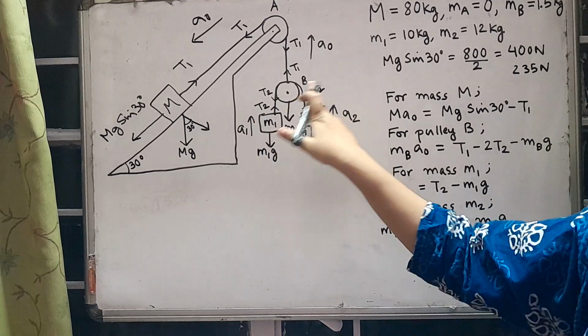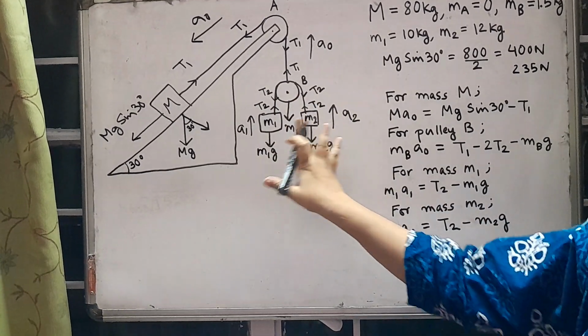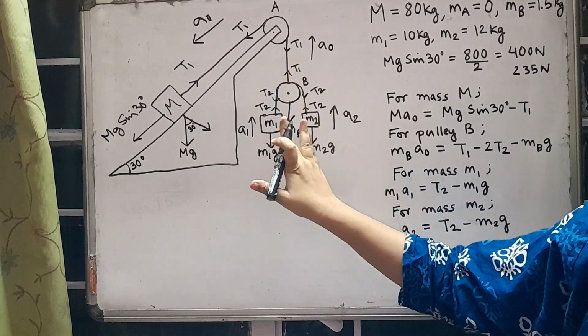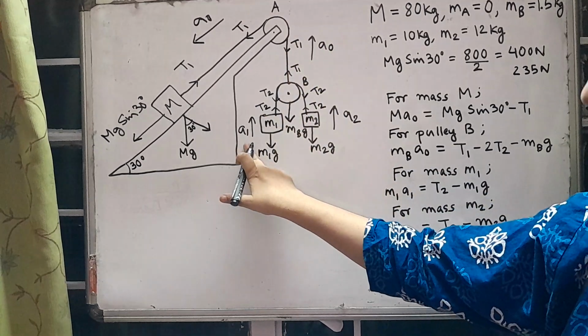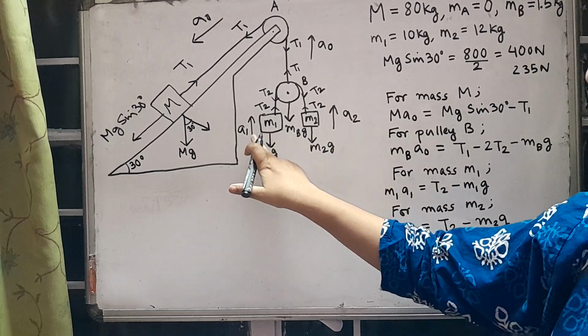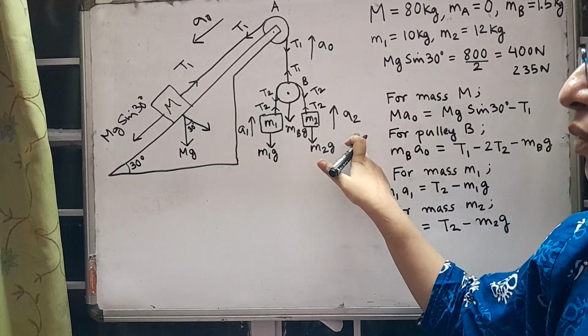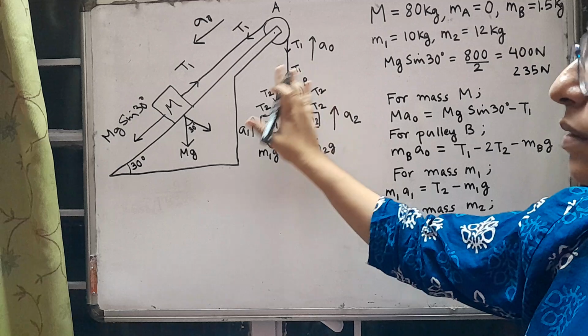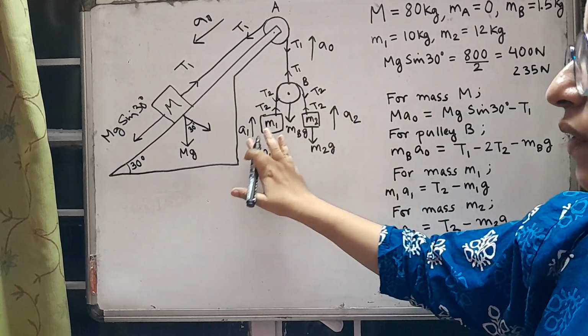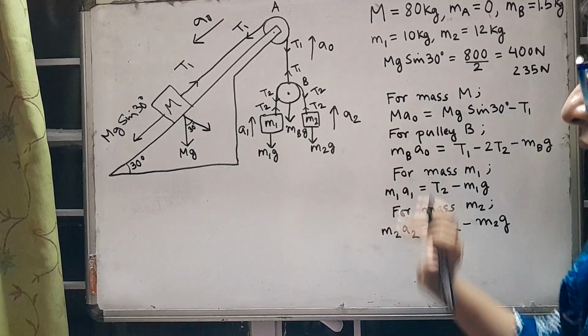Now how about the relation between A1 and A2? In the normal case, this whole system is moving with an acceleration A0, and M1 has an acceleration A1 and M2 has an acceleration A2. So in order to find the relation between A1 and A2, we must bring this system to rest. How do we do that? We subtract A0 from A1 and A0 from A2.